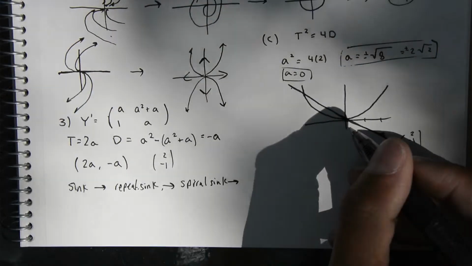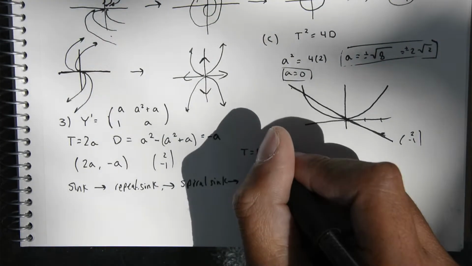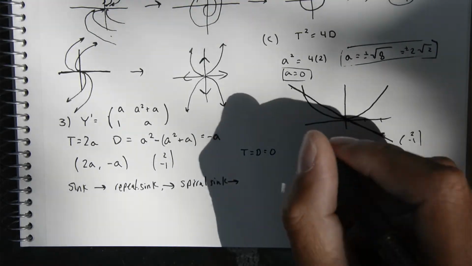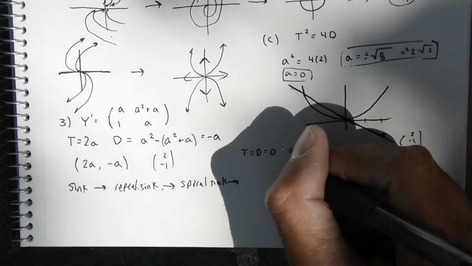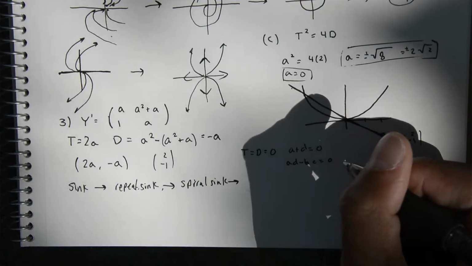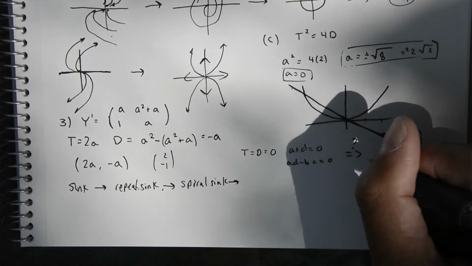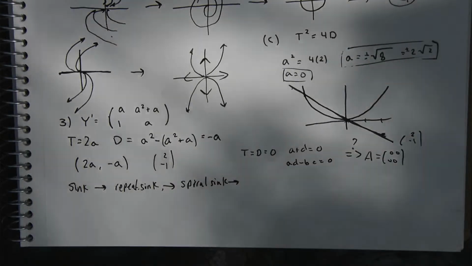Is this case ambiguous when t equals d equals 0? What does that mean? That means that a plus d equals 0 and ad minus bc equals 0. But does that imply that the matrix is 0, 0, 0, 0? I don't think so.